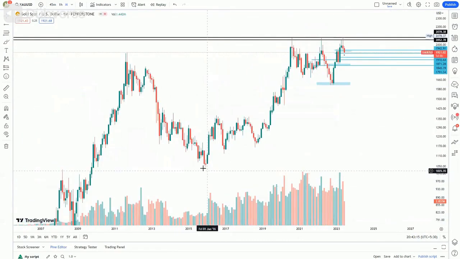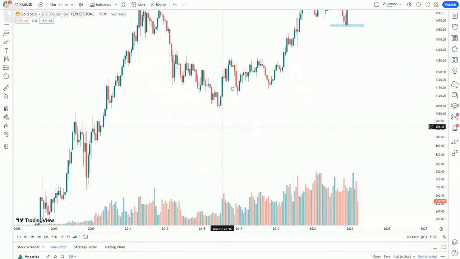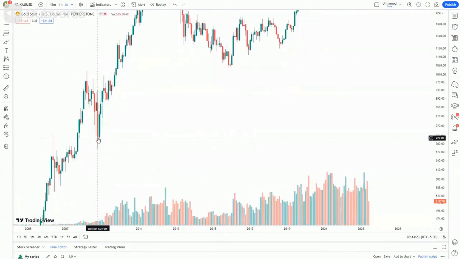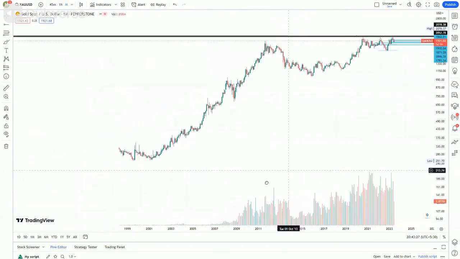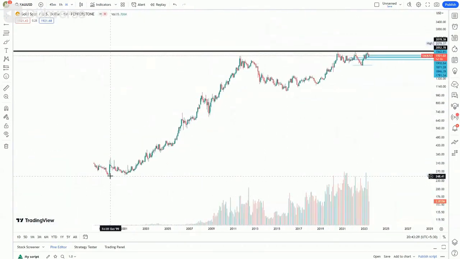The second thing you will see is that the market started bullish. It started from 700. Before that, if we come to the starting, the market was actually $250. Still the market went bullish. It took a minimized pullback.